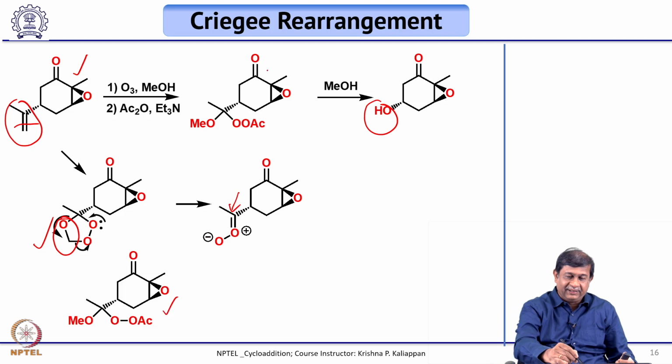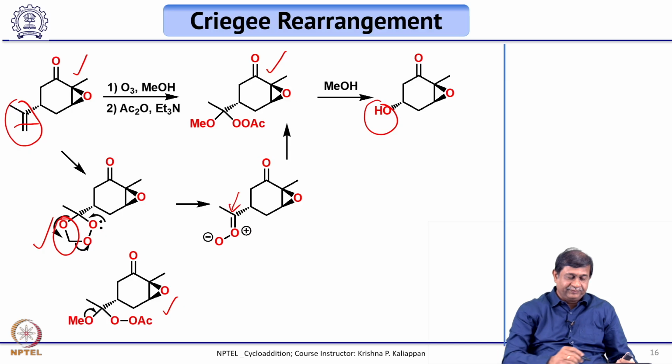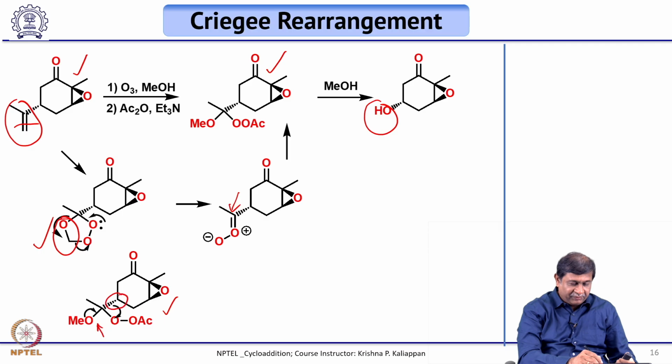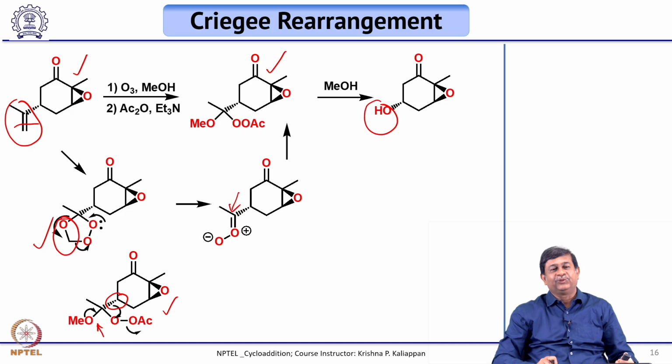So, this is the same intermediate. Now, if you take this intermediate, then addition of methanol, now the lone pair on the oxygen, you can see here lone pair on the oxygen, make sure that this bond migrates to the other adjacent oxygen so that the acetate comes out.